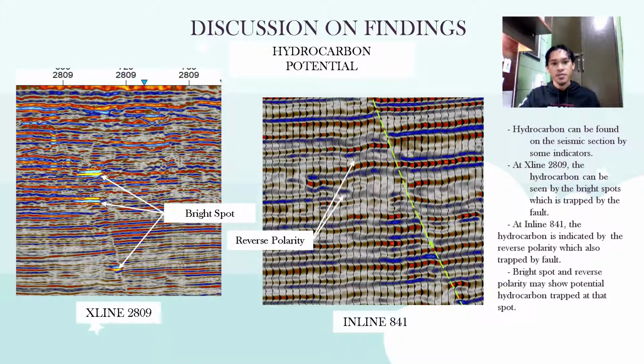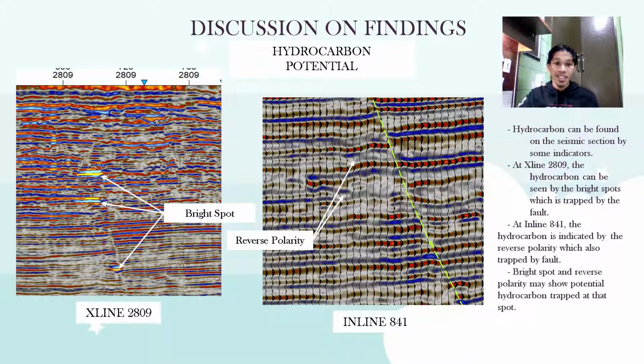hydrocarbon. And we can see at the inline 841, the hydrocarbon is indicated by the reverse polarity, which is also trapped by fault. We can see the green one is the fault, and this hydrocarbon is trapped beneath the fault. As we can see at the seismic section, there is the peak polarity, the peak, then beside it suddenly reverses to the trough.